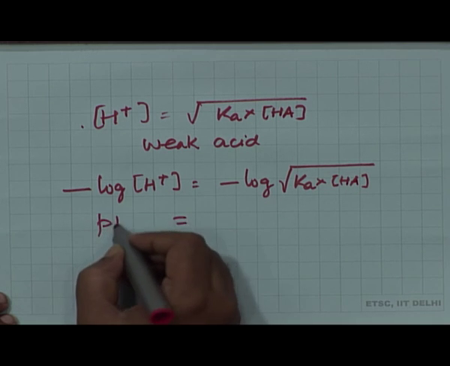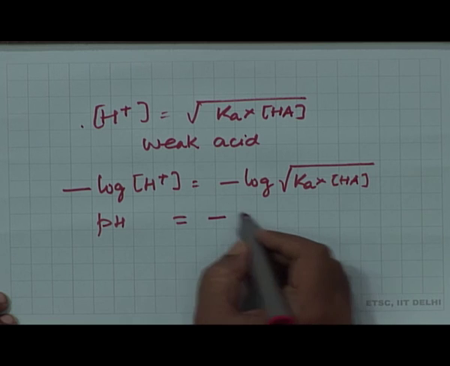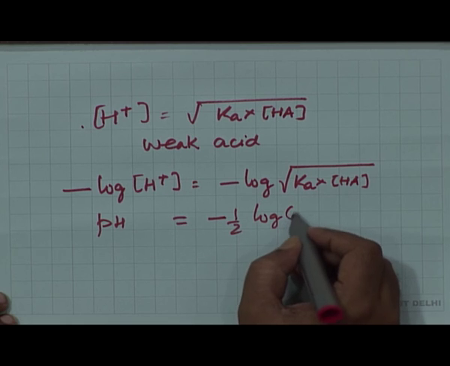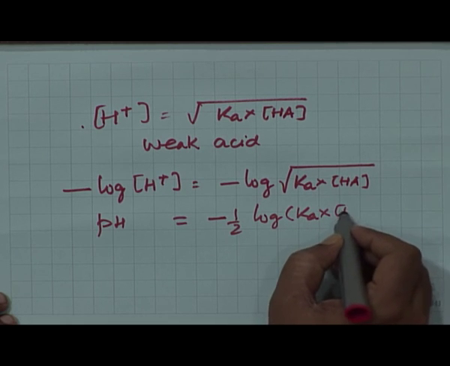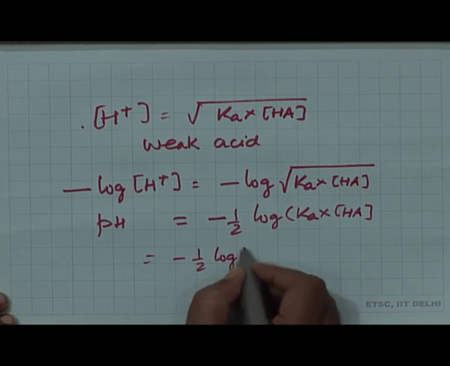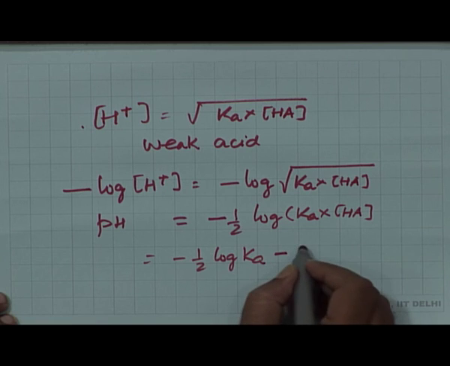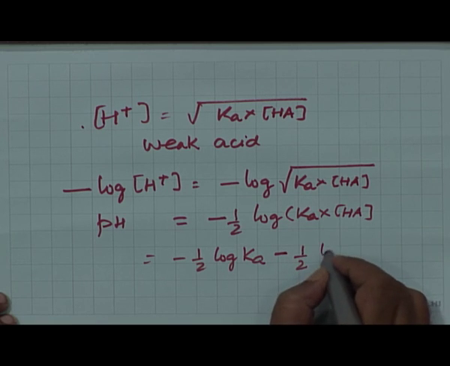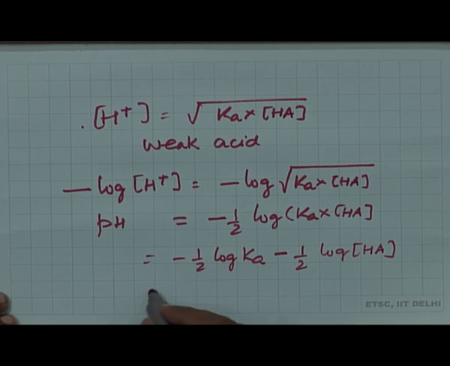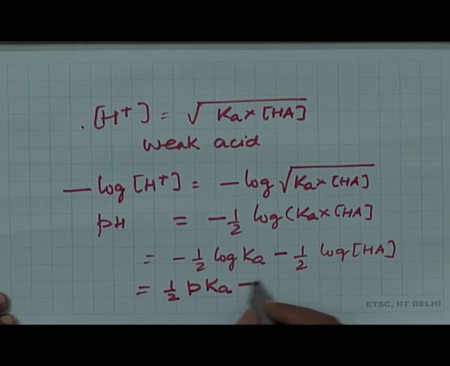We can write pH is equal to minus half log Ka into HA, which is equal to minus half log Ka minus half log HA, and this is simply equal to half pKa minus half log HA.